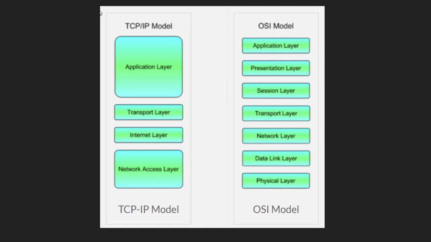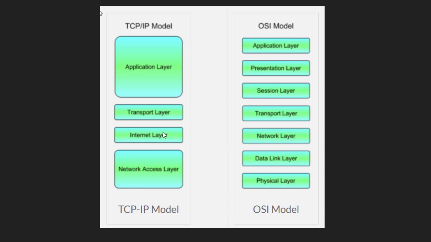So layer 1, which is the network layer, is a combination of the physical layer of the OSI and the data link layer. And it routes the data between devices on the same network. It also manages the exchange of data between the network and other devices.